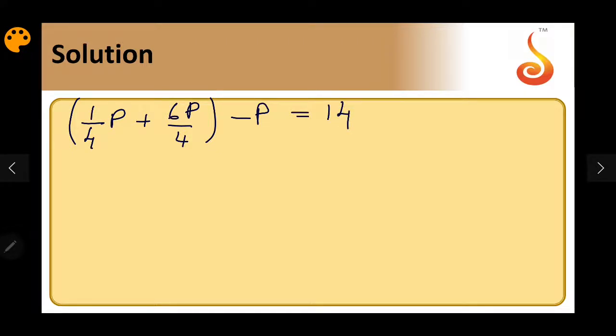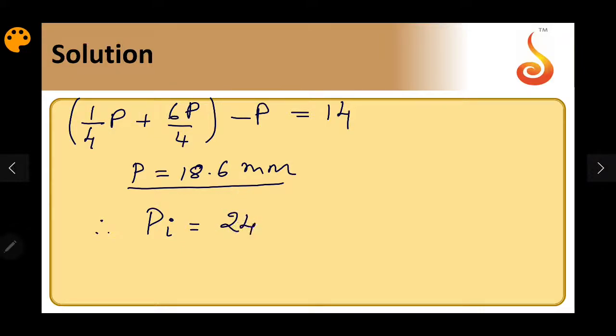So if I calculate this, I'll get P as 18.6 mm. Therefore, Pi is going to be much more, 243.8 mm. So by using the two equations, we can get Pi and P.